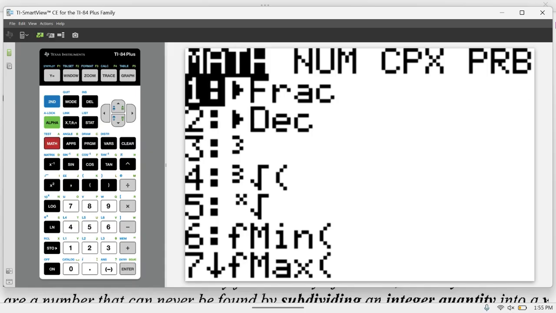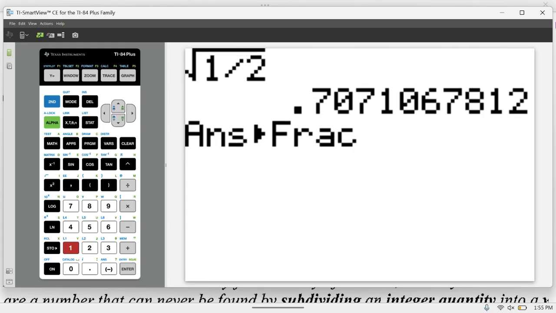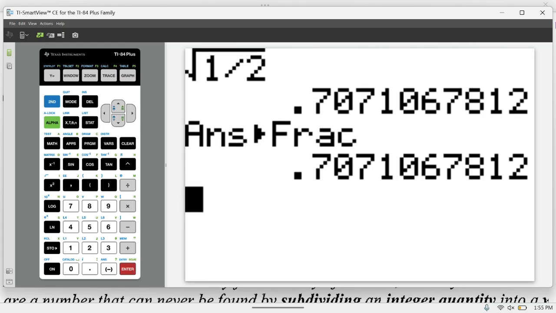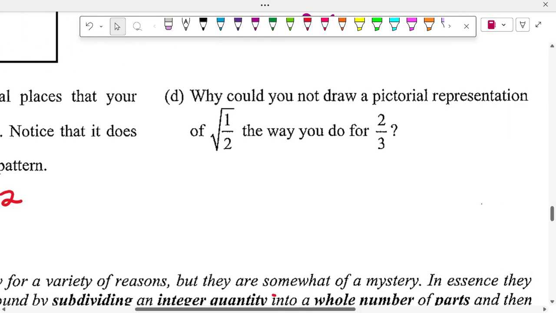Because it says frac, it will convert to a fraction. So if you hit enter, what happens? Nothing. If the number is incapable of becoming a fraction, your calculator will just repeat the decimal again. All right, that means that this number is irrational. You cannot turn it into a fraction.